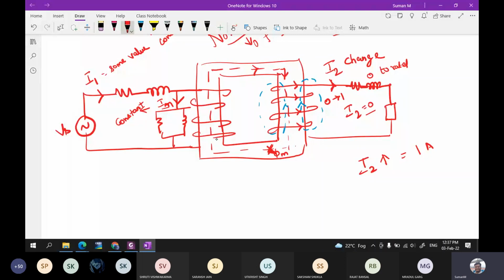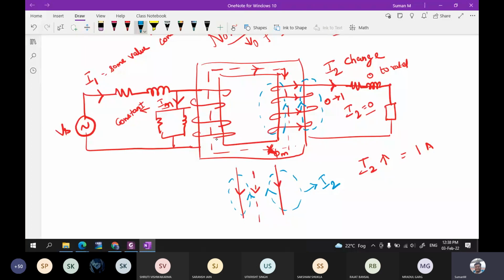If I draw it clearly, your mutual flux is in this direction, from top to bottom, and the flux established by the secondary current will be in the opposite direction.